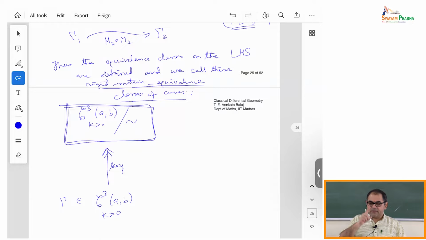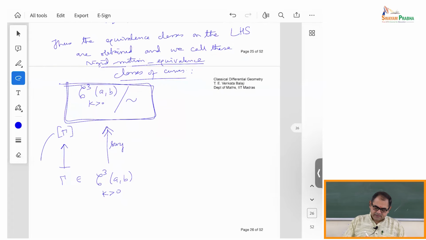Okay, so I am putting a double arrowhead just to say that it is surjective. So this gamma will go to this bracket gamma. This bracket gamma is supposed to be the equivalence class of gamma. So this guy here is the rigid motion equivalence class of capital gamma.